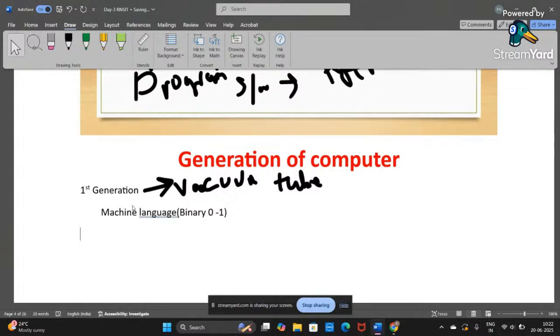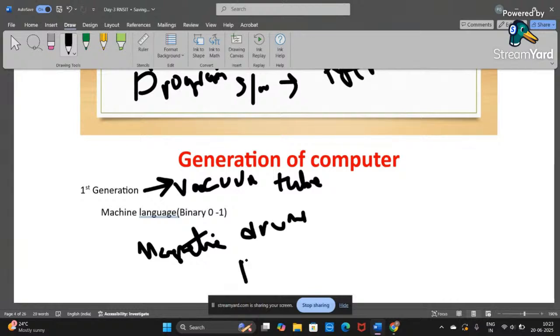For memory, they used magnetic drums. For input and output, they used punch cards or paper tape.